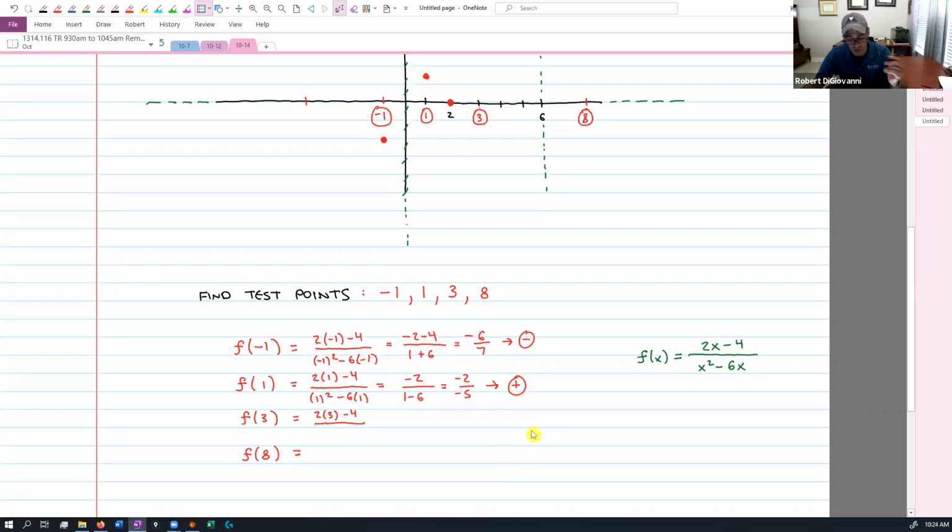And the answer is no. You have to check, which sucks, but you know, it is what it is. All right, so 6, take away 4, we get 2 on top. On the bottom, you get 9, take away 18. So this should be 2 over -9. This is a negative number. So it did switch. And this one, when we plug in 3, we do get a negative number.